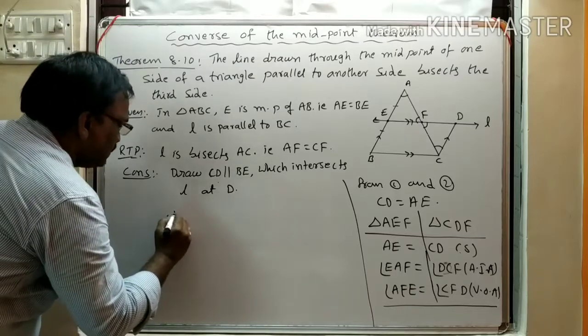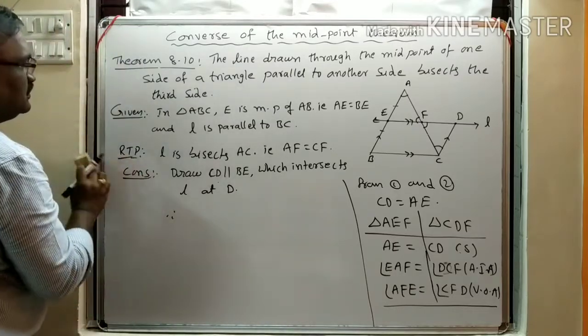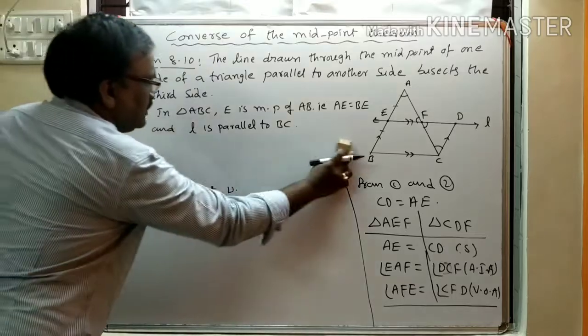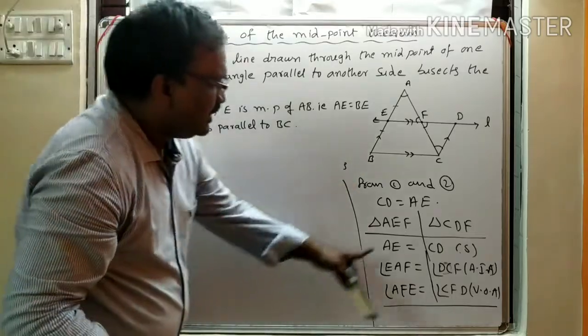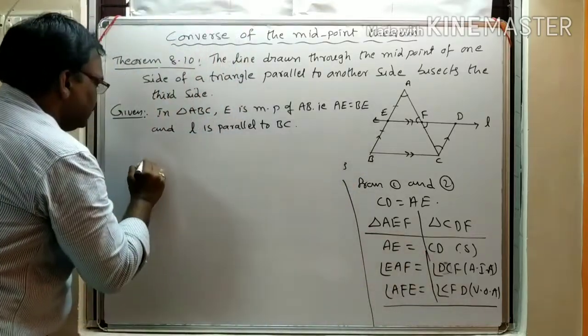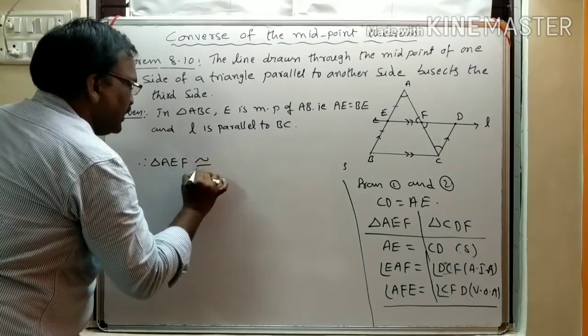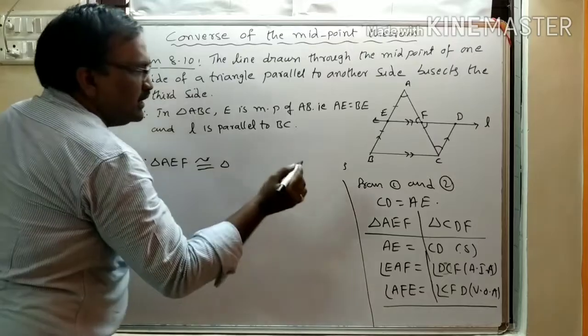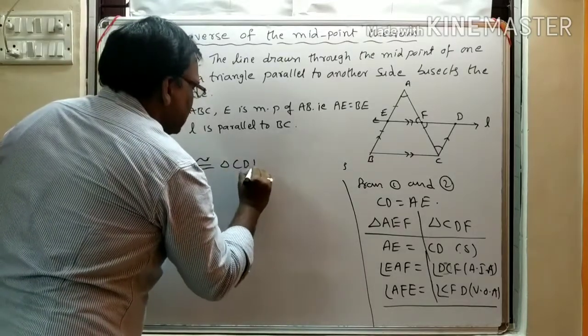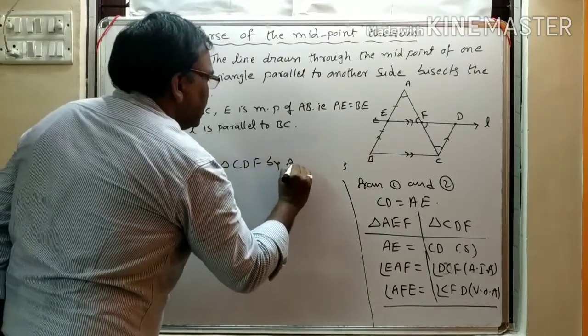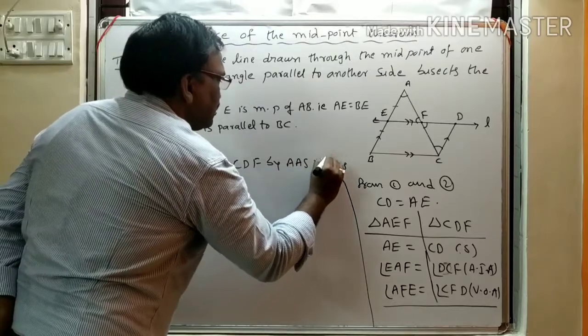Therefore, triangle AEF is congruent to triangle CDF by the AAS rule.